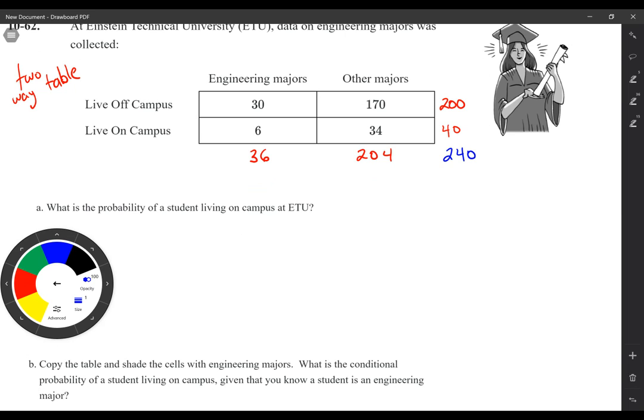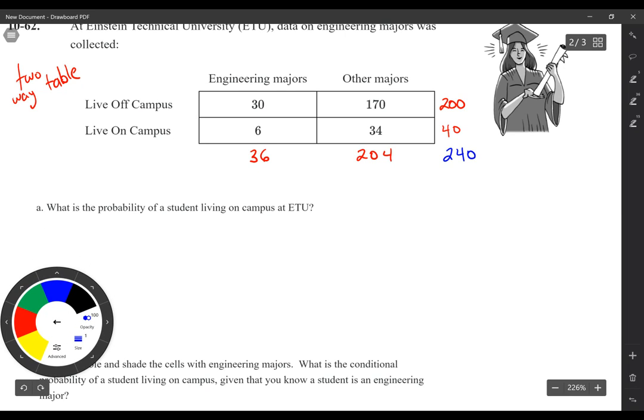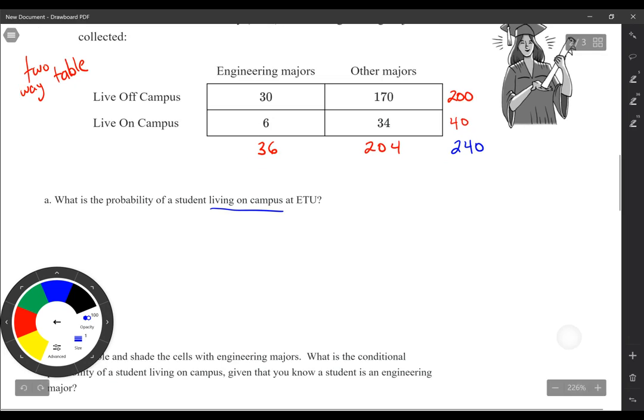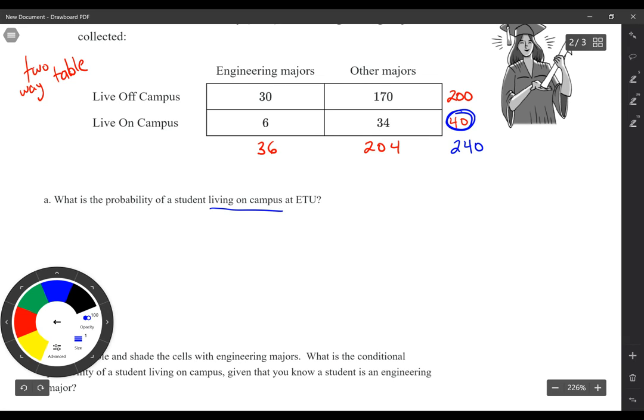So if you have that copied down, we'll answer this first one. We want to know the probability of a student living on campus at Einstein Technical University. So that's where we're going to go to our totals. So the number of people that live on campus, it looks like, is this 40 right here.